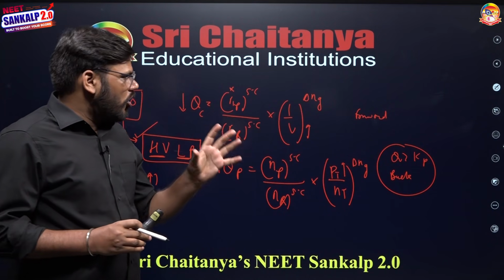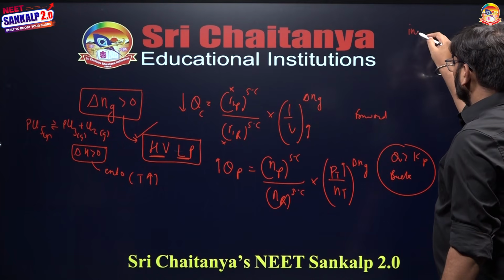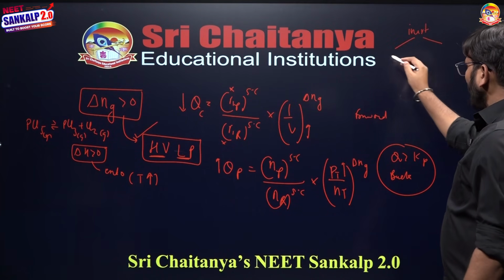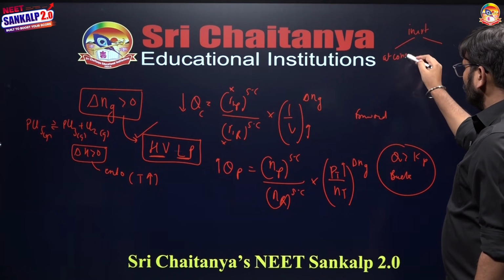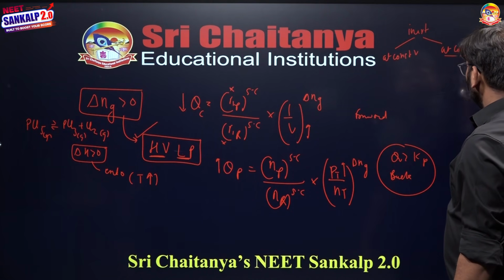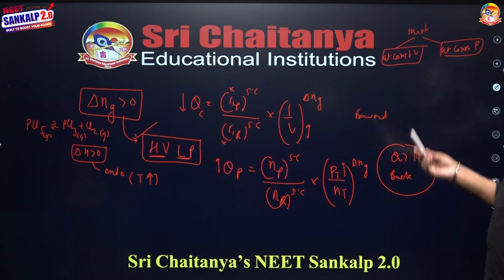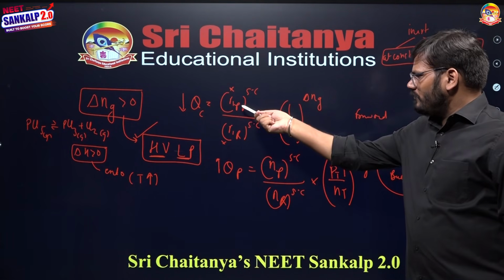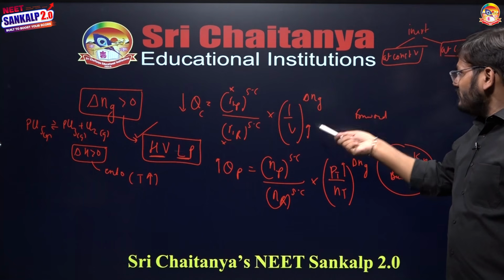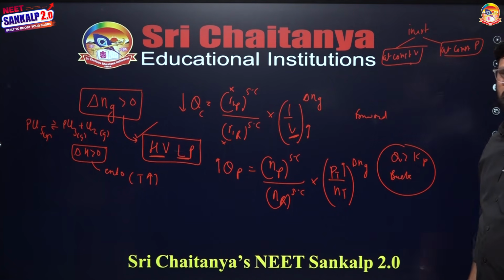So according to this, the effect of inert gas at constant volume or at constant pressure. At constant volume, it is not able to change moles of product or moles of reactant, and if volume is constant, then this will also not be changing.